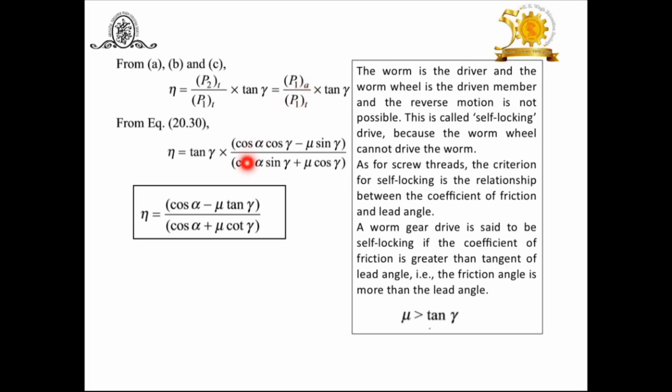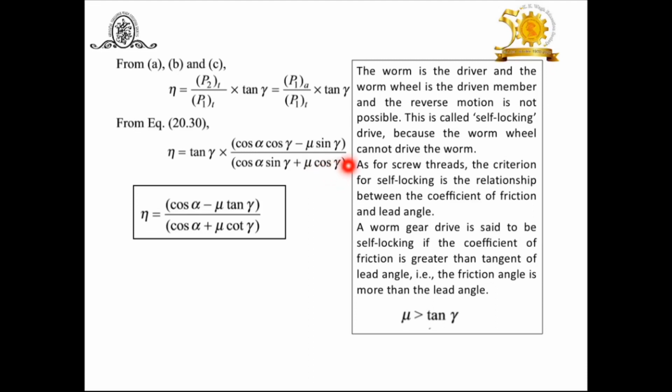Substituting this value of P1A here, that is cos alpha cos gamma minus mu sin gamma, where alpha is the normal pressure angle, gamma is the lead angle, and mu is the coefficient of friction, upon the value of P1T, cos alpha into sin gamma plus mu cos gamma.